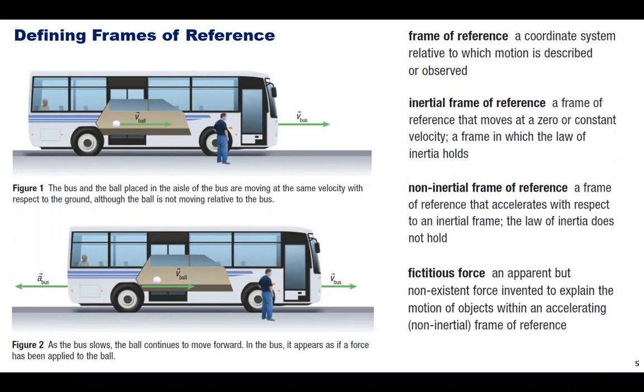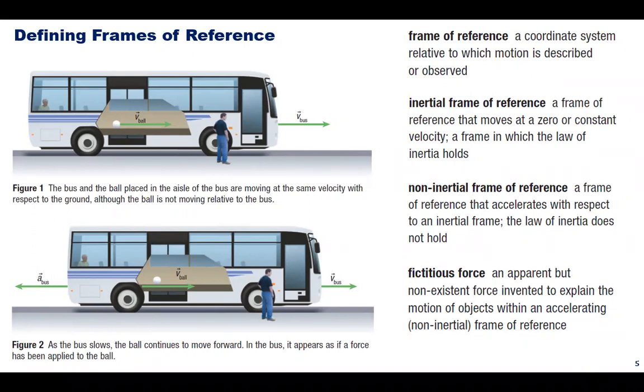Therefore, the bus is no longer an inertial frame of reference. It becomes a non-inertial frame of reference, which is a frame of reference in which the law of inertia is no longer valid.